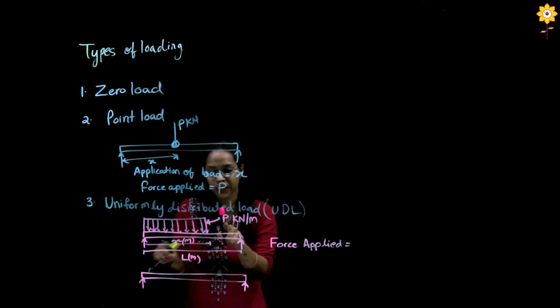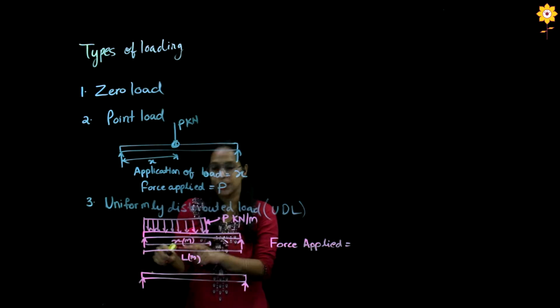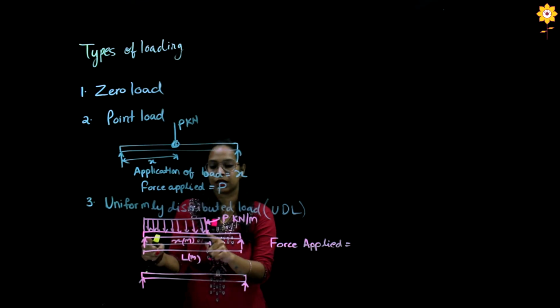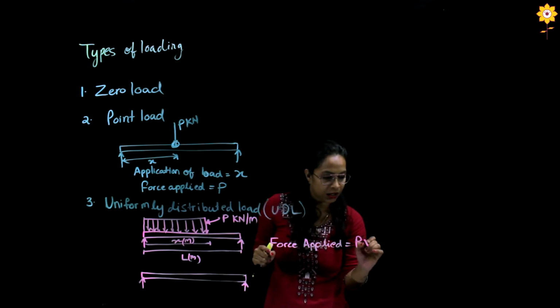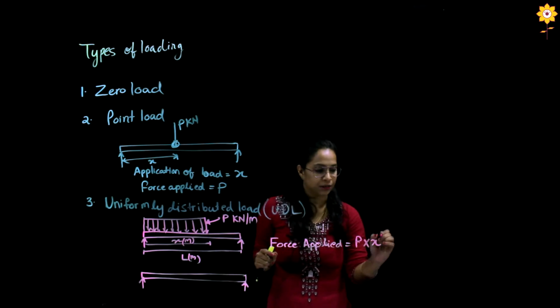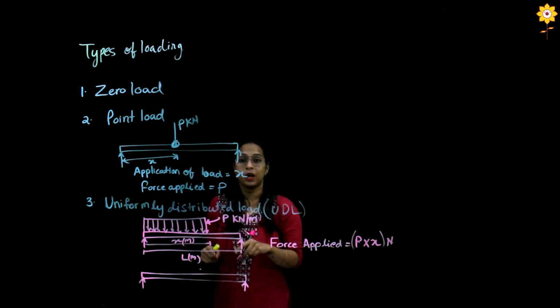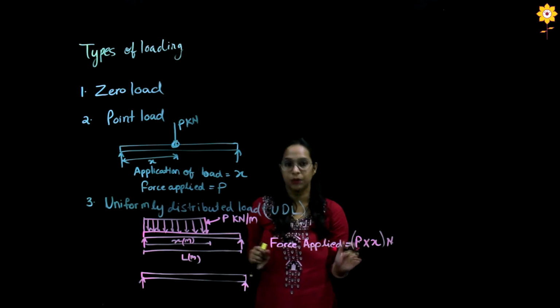That means this P into x, and not L, because L is the length of the beam and the UDL is not placed throughout the length of the beam. It is only till a distance of x. So this would be P into x newtons. Now we need to find where this P into x load will be applied on the beam.